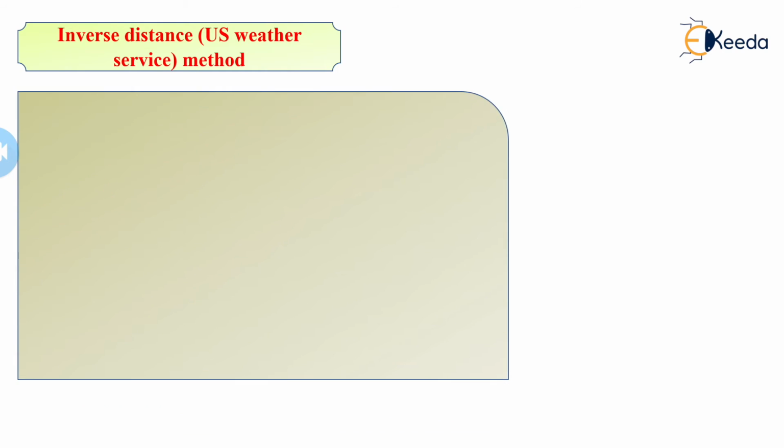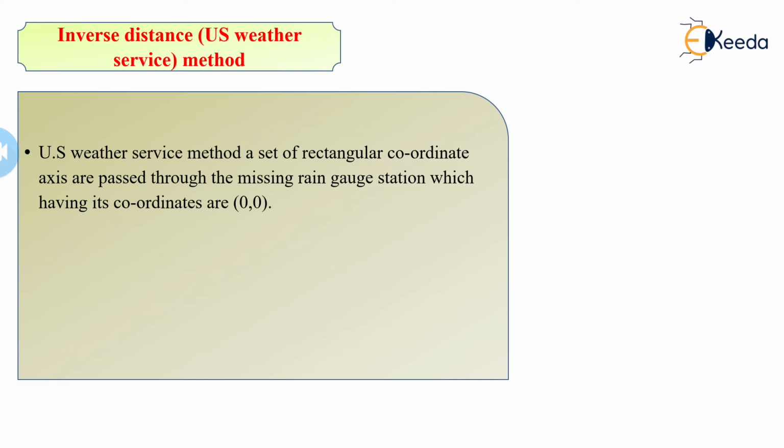Now the inverse distance method, also called the US Weather Service method. In this method, it is purely based on the coordinates, with respect to the x and y coordinates.